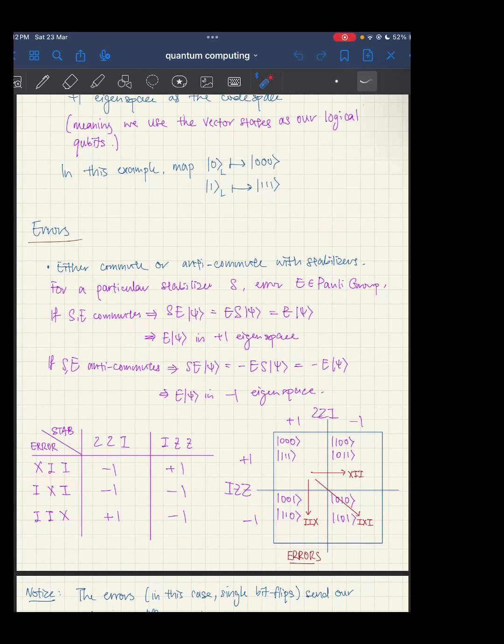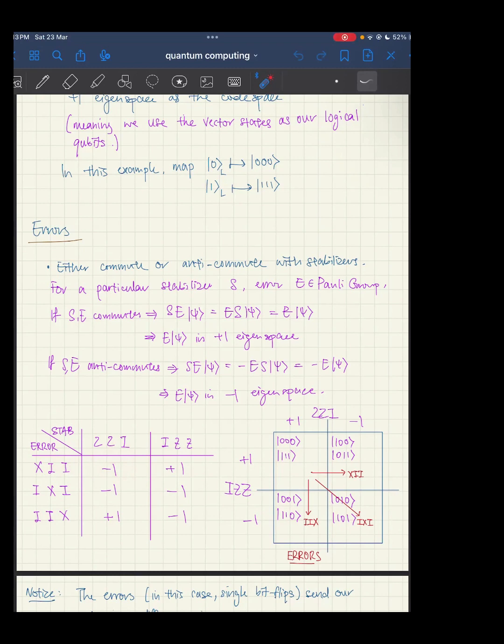Let's look at the first stabilizer, ZZI. We compare the first bit: we have X and Z. X and Z do not commute, they anti-commute, so we have a -1 eigenspace. Then we have I and Z, which commute, and I and I, which commute. So overall, we are left with a -1 eigenspace.